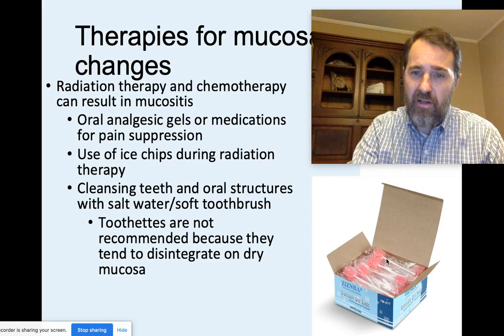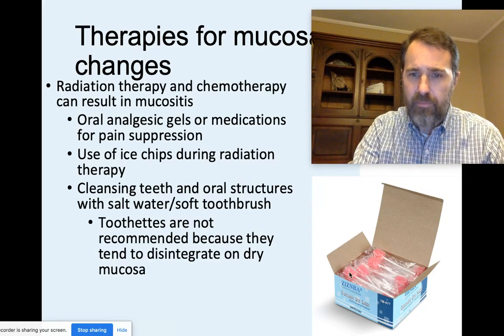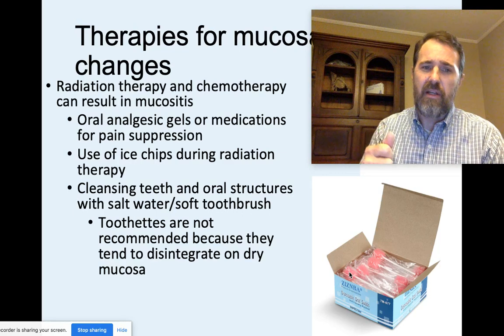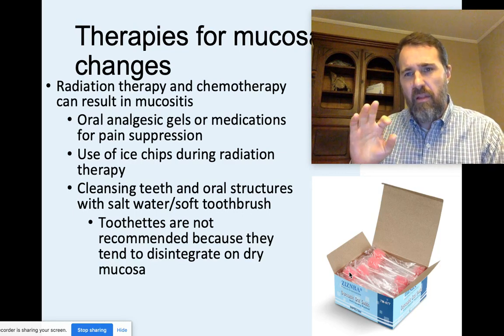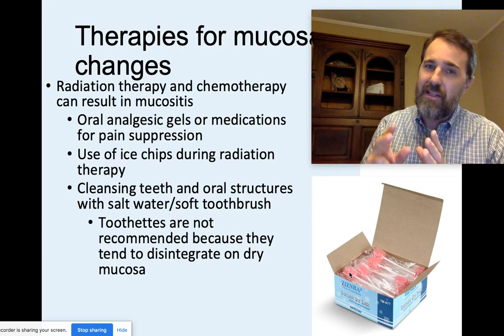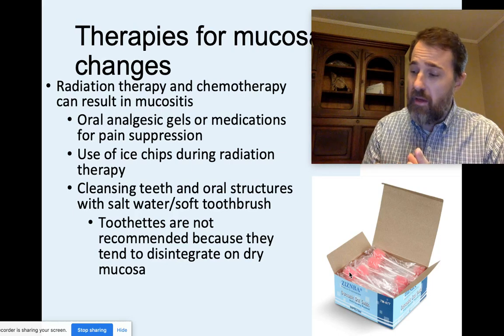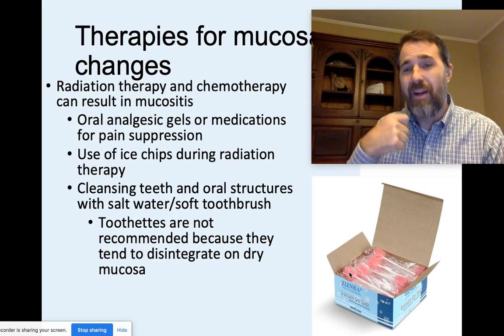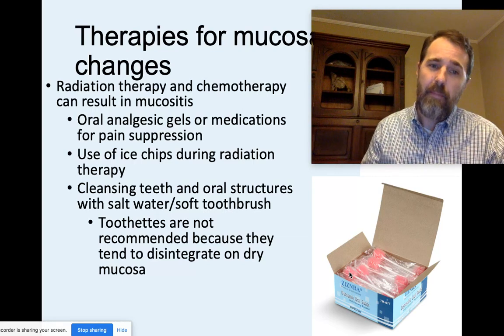And what you see down here are toothettes. It's like a sponge on a stick. The surface of the toothette can be abrasive. And usually this is the go-to tool for cleaning a patient's oral cavity.